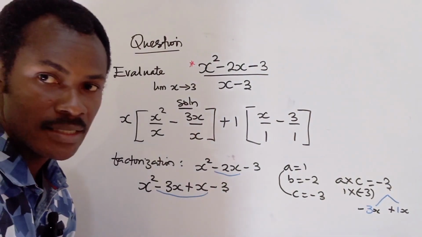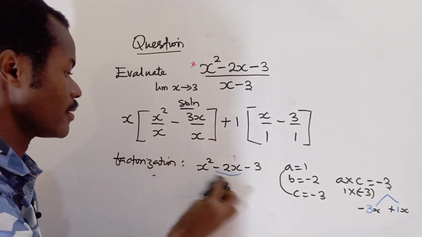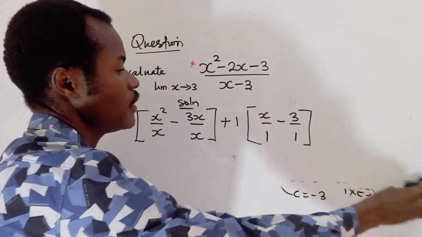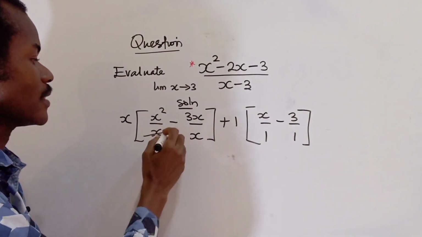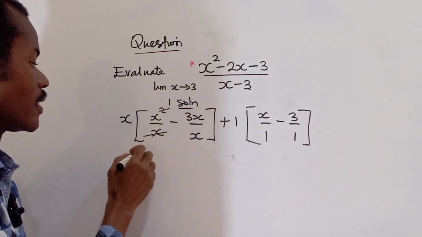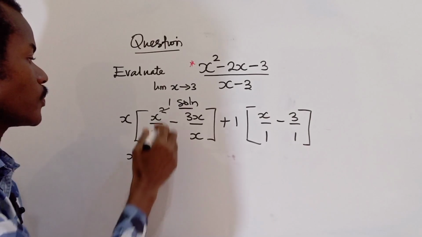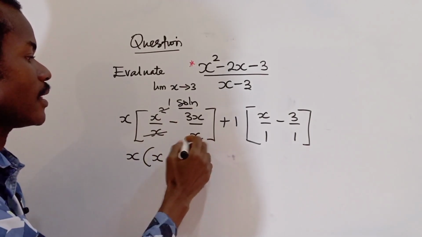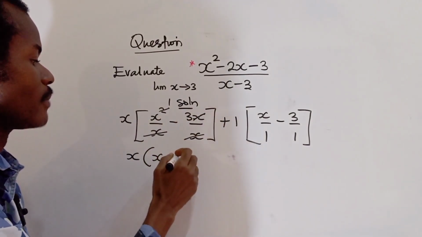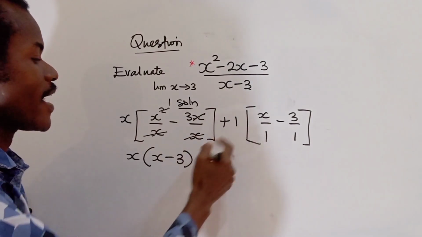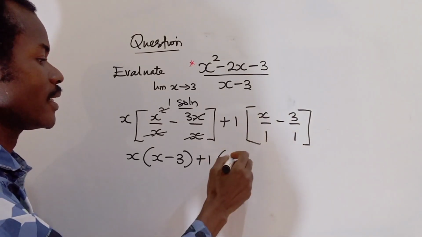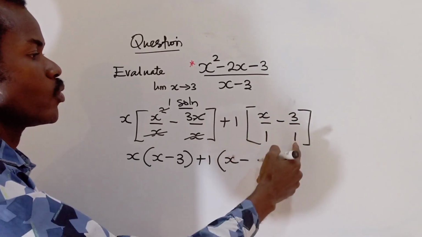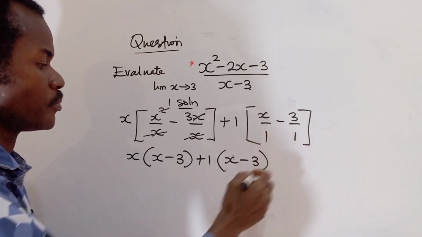That is how to factorize this. Now let's finish this up. x cancels out x here, so we are left with x, and here we have minus 3. So we have plus 1 here, with x divided by 1 being x and minus 3 divided by 1 still minus 3.